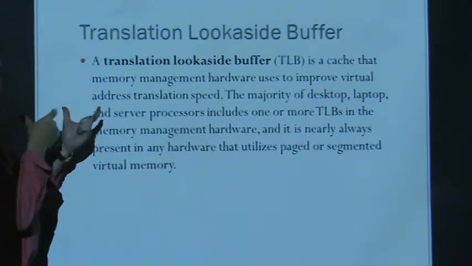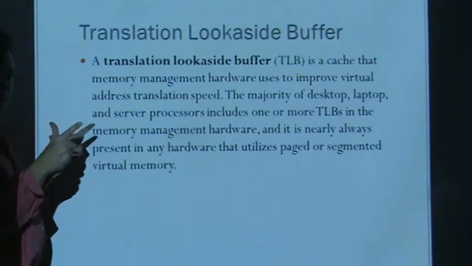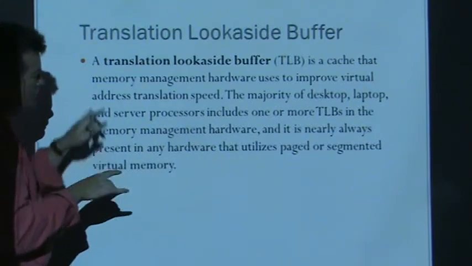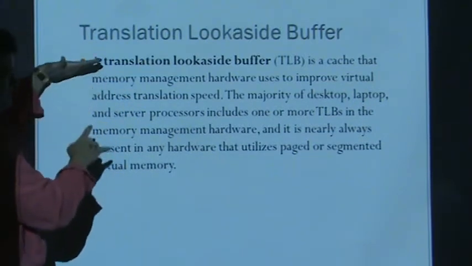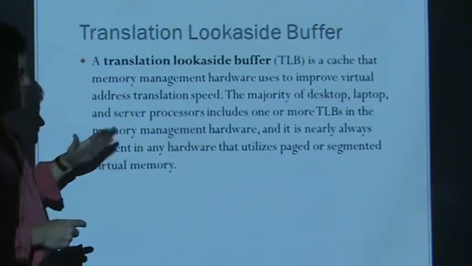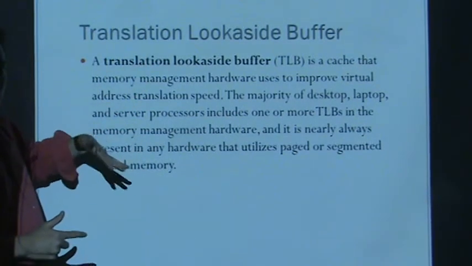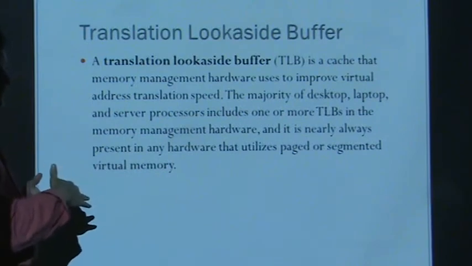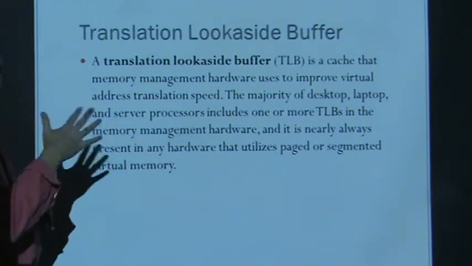You could do this in the time it takes to run one computer instruction. You can simultaneously compare to see if the page you're looking for is in this thing. So this could be done in the time of one instruction, not the time of reading and writing from memory.